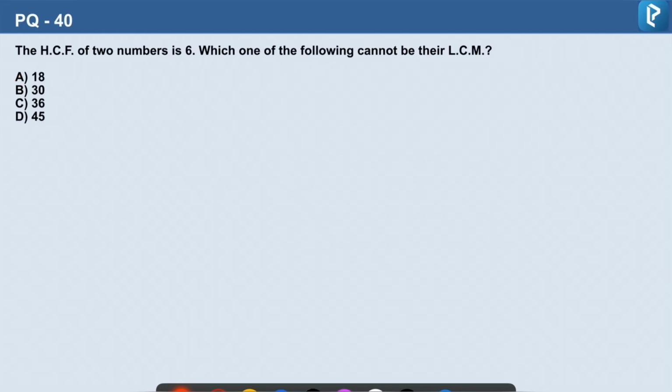Question number 40. HCF of two numbers is 6. Which one of the following cannot be their LCM? So always remember that LCM is a multiple of HCF.